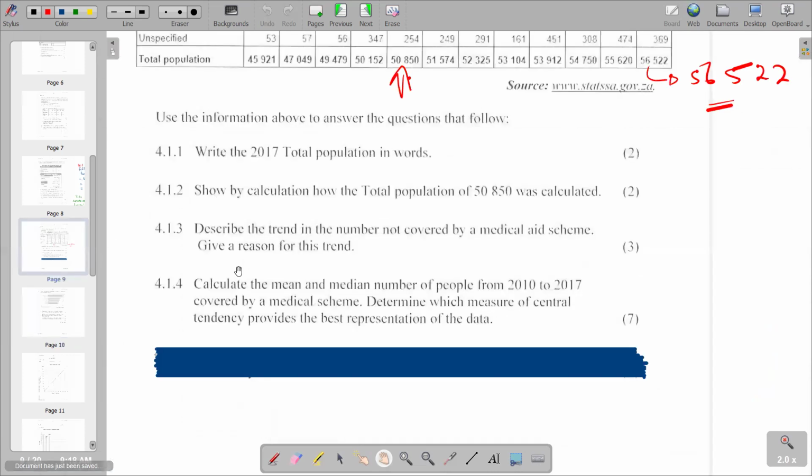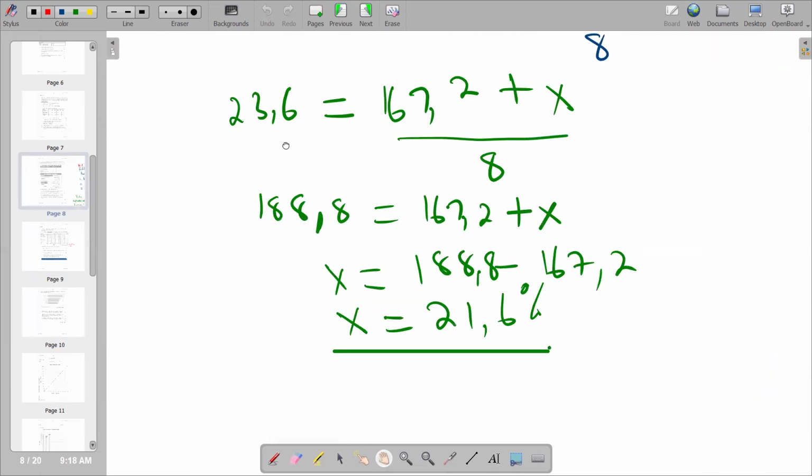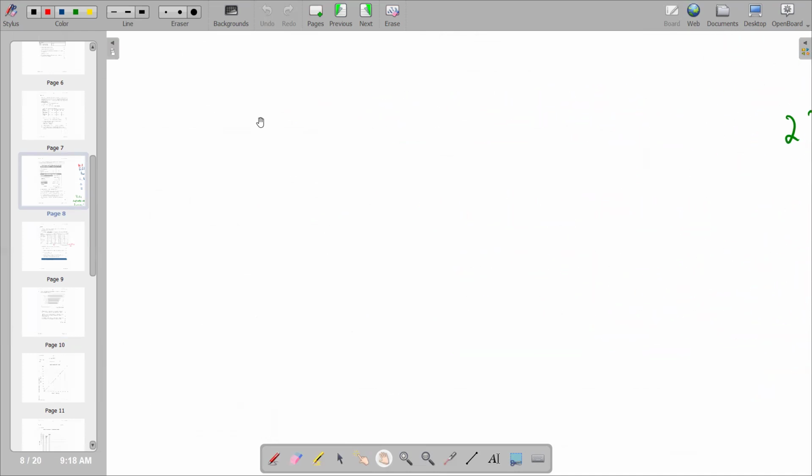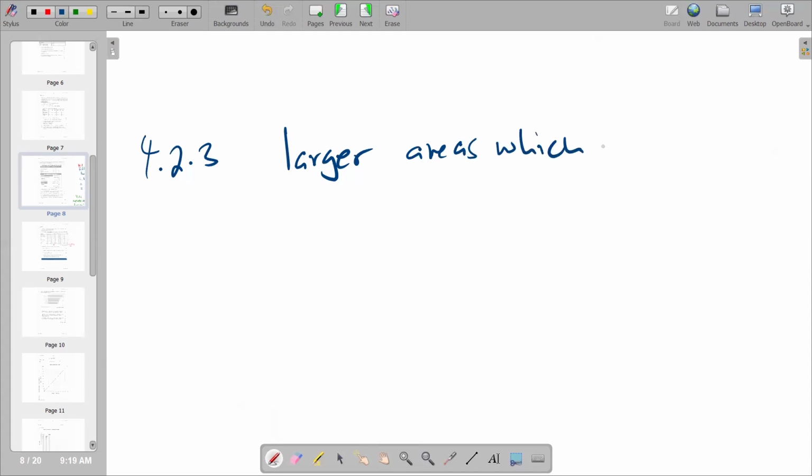So we are saying 4.2.3. We could say larger areas which are more populated.